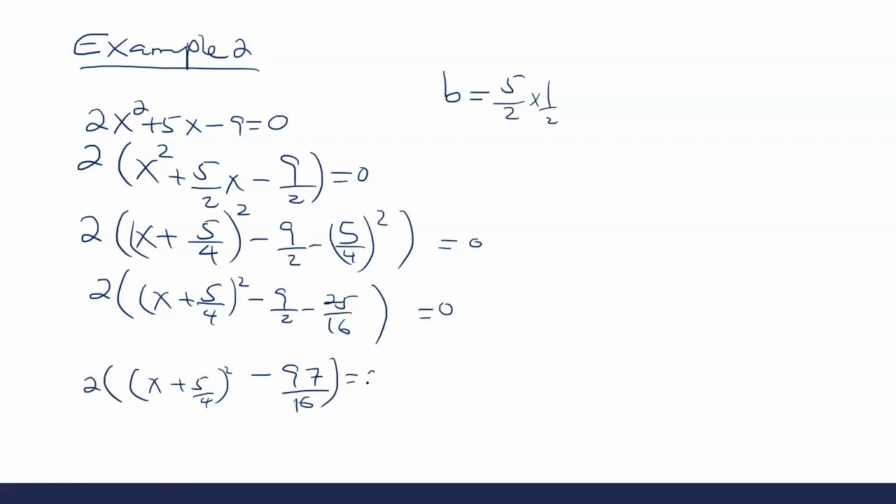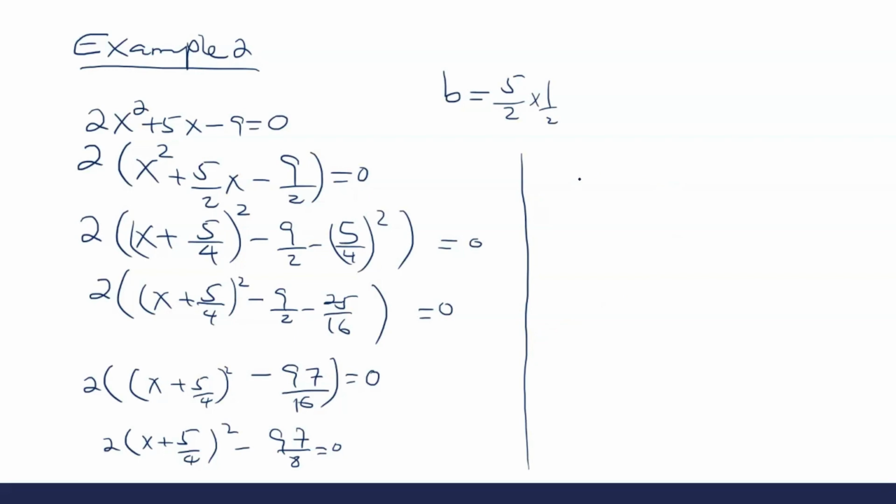So now go to here. If I expand this, multiply the 2 we have taken out before and put it inside, so that gives us 2 times x plus 5 over 4 squared minus 97 over 8, I should say. That halves it. So now again, in order to obtain the value of x, we take the common factor out.